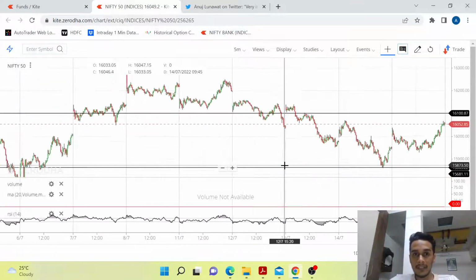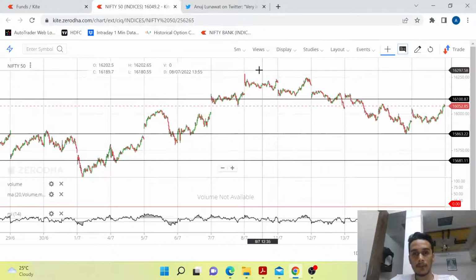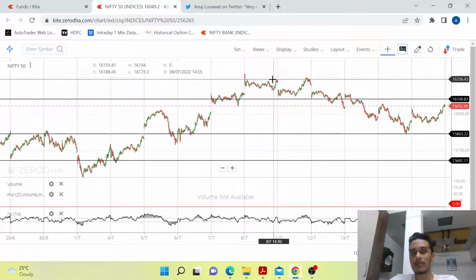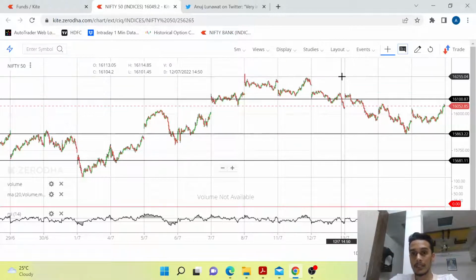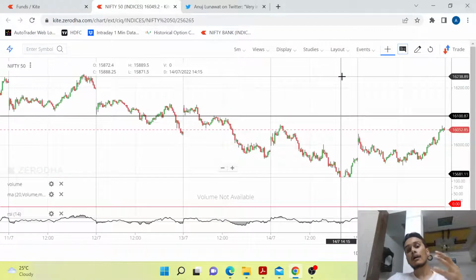But on the higher time frame, for almost the last 3-4 days, there's absolutely no momentum, and we've not been able to close higher than the previous day's range. Not even one day was higher than the previous day's range. So definitely I'm not very bullish until and unless we get a close above the previous day's high.